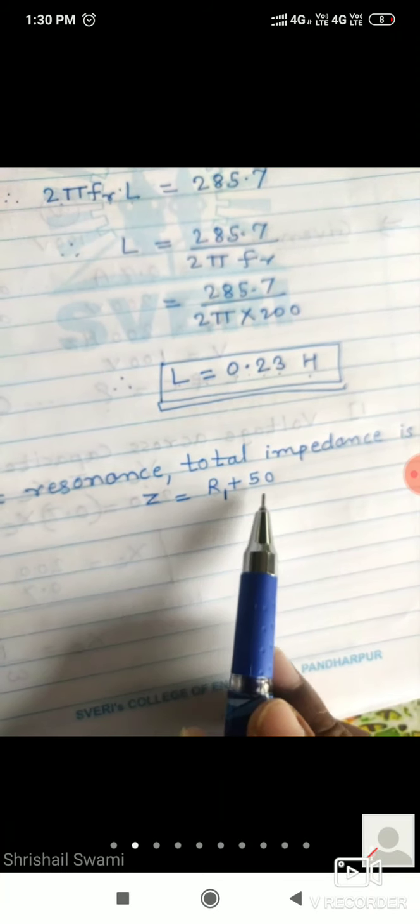At resonance, total impedance Z is equal to R1 plus 50. Why 50? 50 is given in the circuit. R1 is the internal resistance of inductor and 50 is given as a resistor in series. So total impedance Z is equal to R1 plus 50.